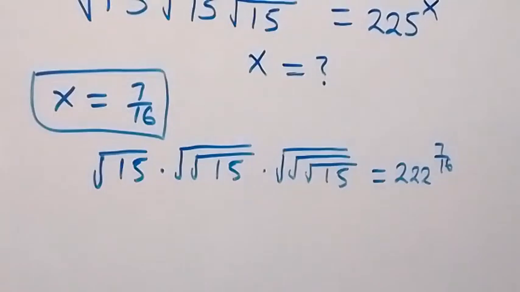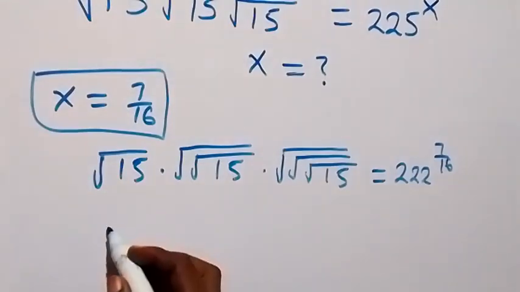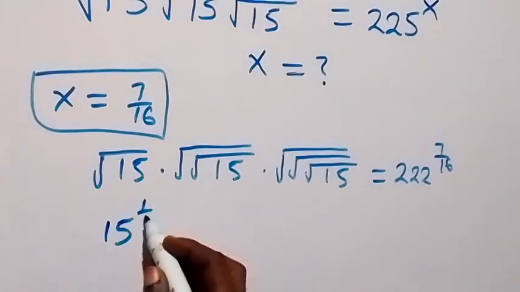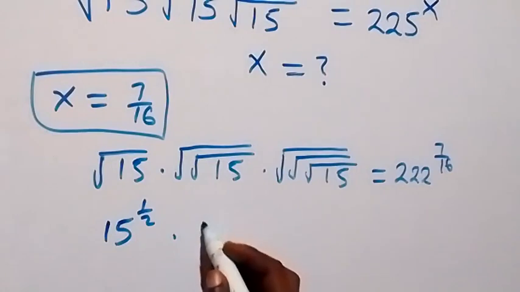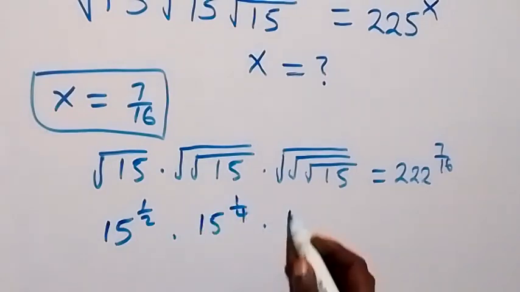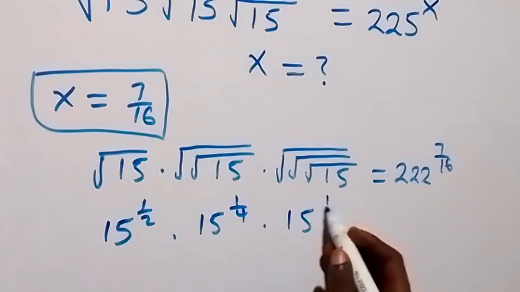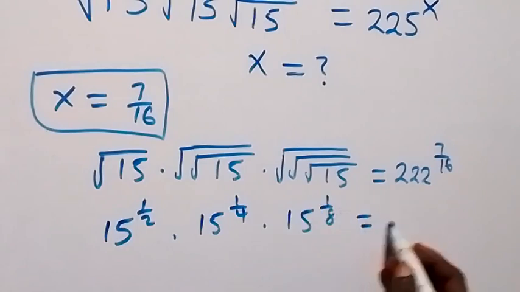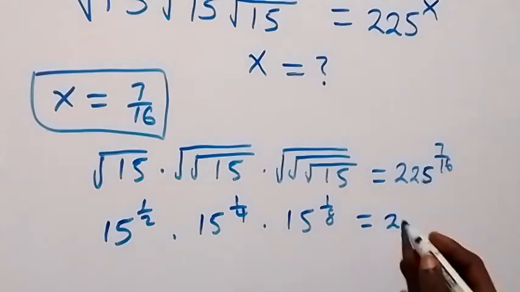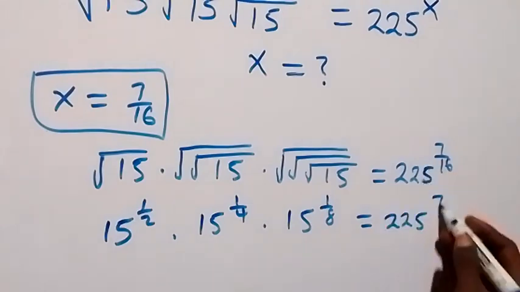Now from here, when we look at this, we have 15 raised to power half, then 15 raised to power 1 over 4, then times 15 raised to power 1 over 8, equals 225 raised to power 7 over 16.